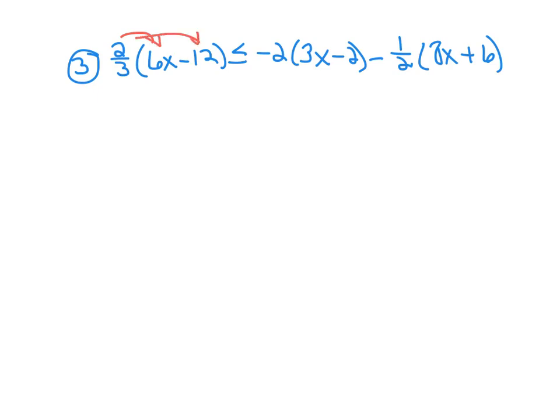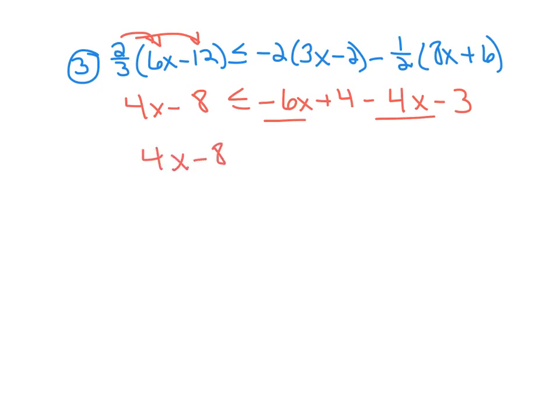I'm distributing. So I would have 4x minus 8 less than or equal to -6x plus 4 minus 4x minus 3. All right, on the left side, nothing to combine. So I just have 4x minus 8 less than or equal to negative 10x plus 1.